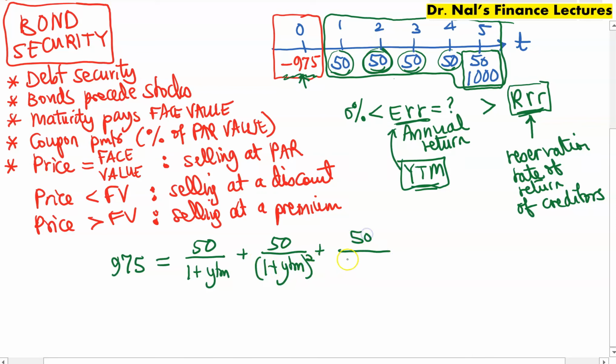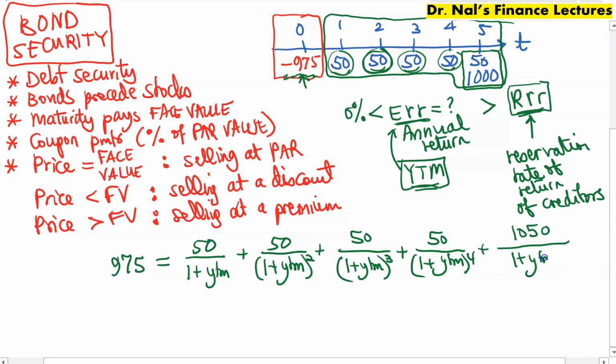So the third $50, 1 plus YTM, cubed, then $50, 1 plus YTM to the fourth power, and finally in the last year we are receiving $1,050, 1 plus the YTM raised to the fifth power. So we need to solve this equation for YTM. This is the unknown.